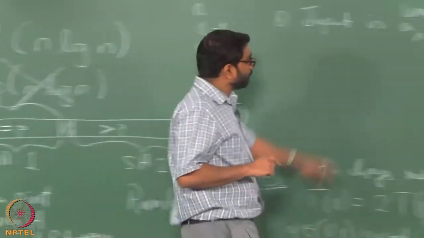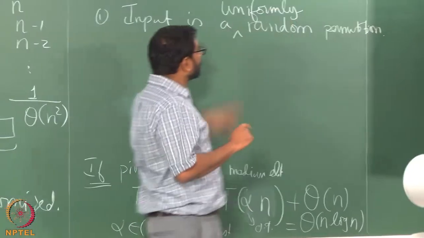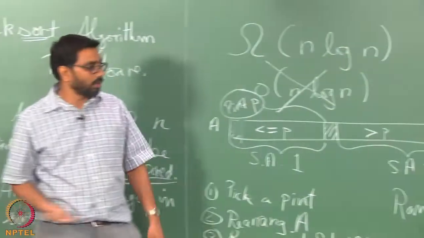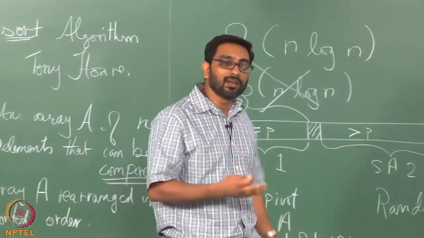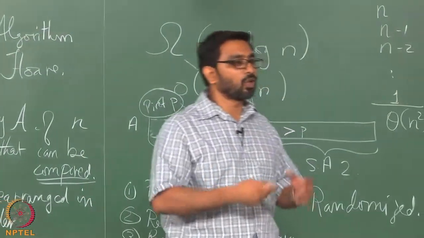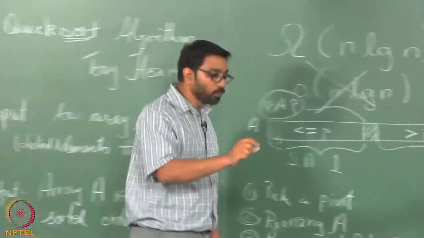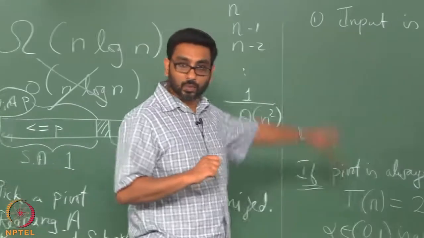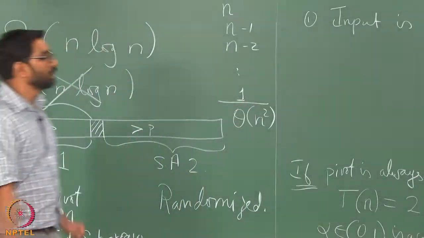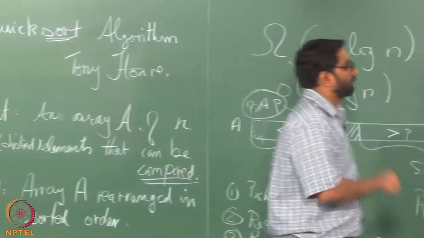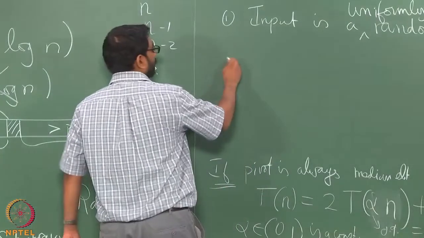But the problem with this is you cannot always assume that the input is going to be uniformly at random, because the application context could mean that you're sorting an array that's almost sorted already. You're just correcting the few places where it's not sorted. So you cannot make that assumption. There's a small fix to it.